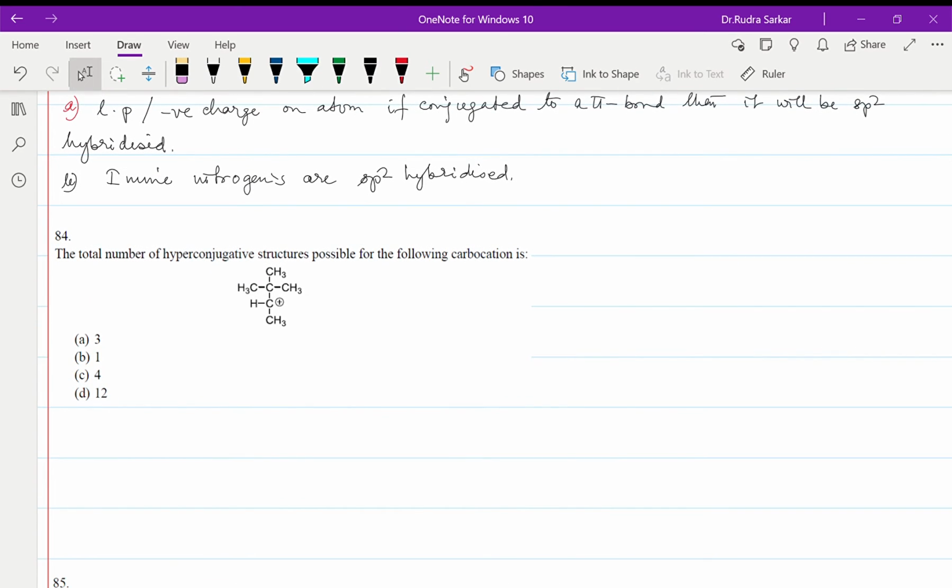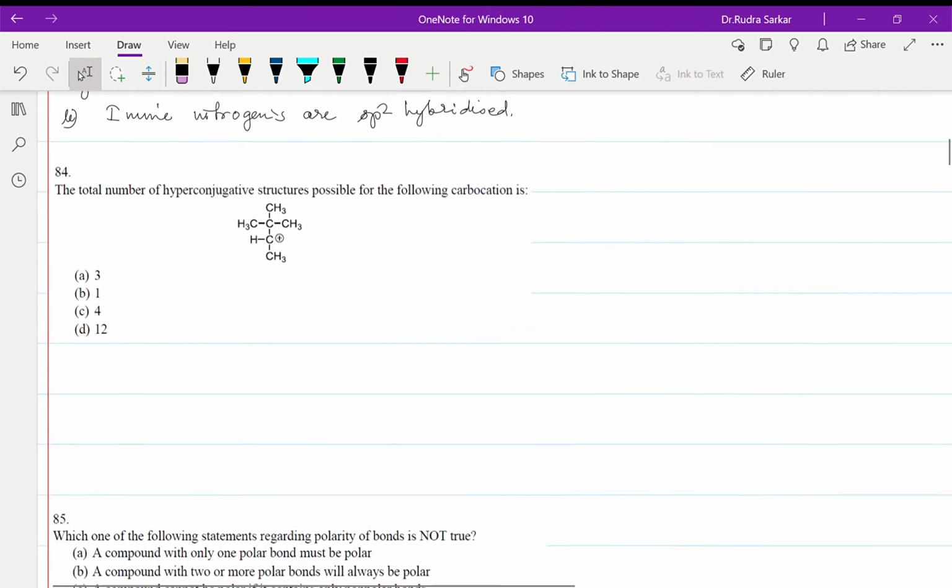In question number 84, it has been asked to find out the total number of hyperconjugative structures possible for the carbocation.